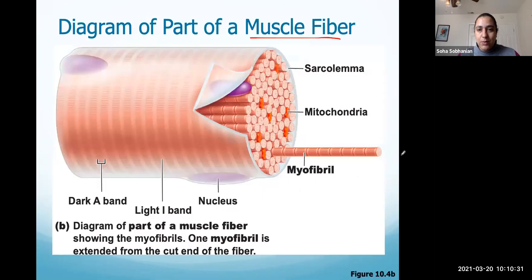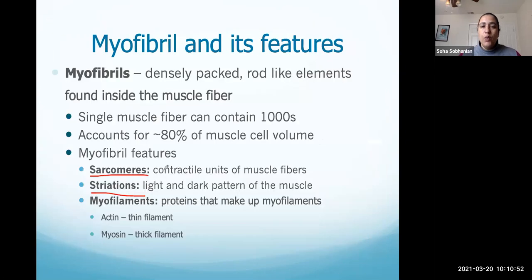So right here, let's go back farther. Do you see these lines right here? Each of these units, from here to here, and then here, each of these units is one sarcomere. And each of these is identified as the contractile unit of your muscle. Now, what is this contractile unit of my muscles made up of?